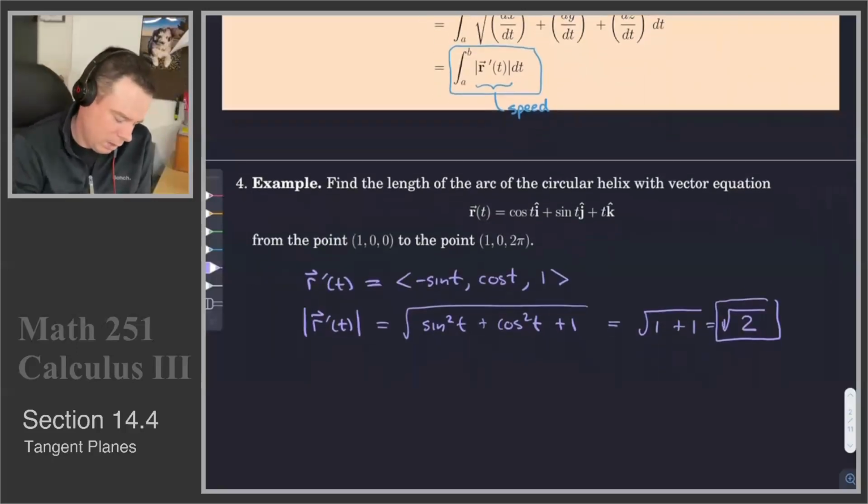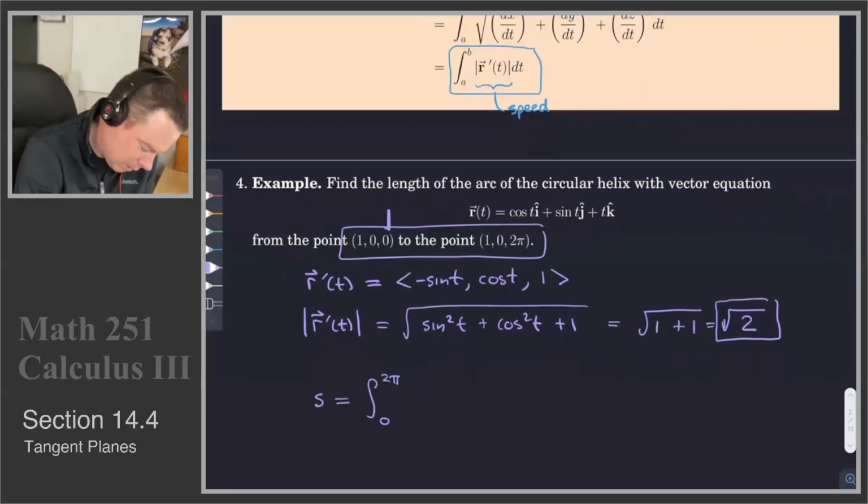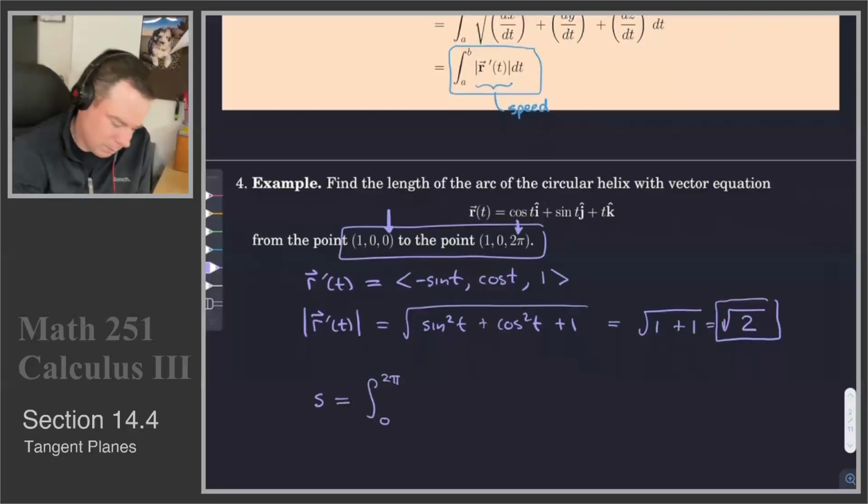And that's what we need in order to work out the distance traveled, or the arc length along the curve. So the arc length along the curve is given by the integral from 0 to 2 pi, since that's what we're interested in. We want to know from the point (1, 0, 0) to the point (1, 0, 2 pi). I can just look at that last coordinate there. That's the t value.